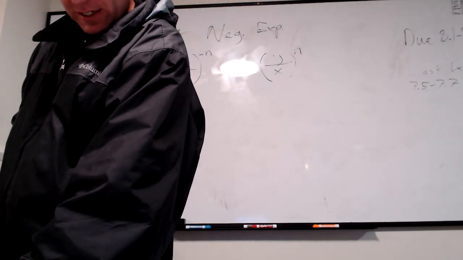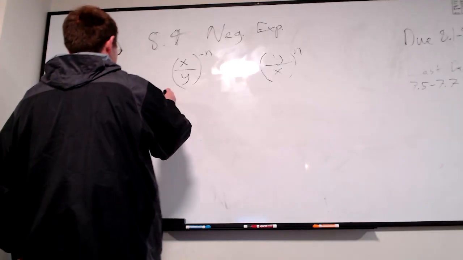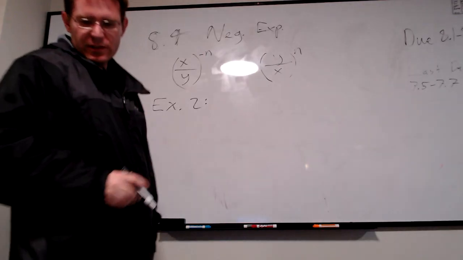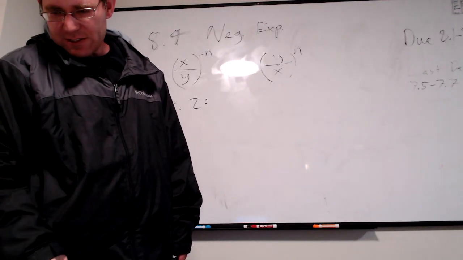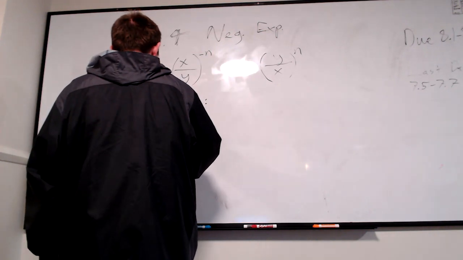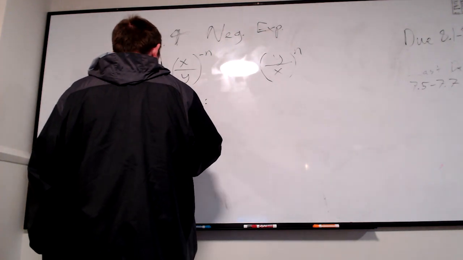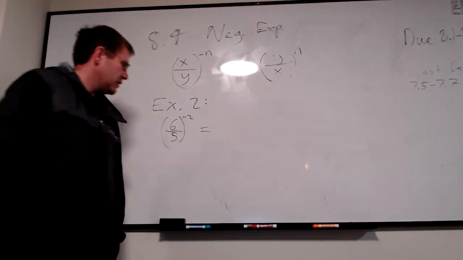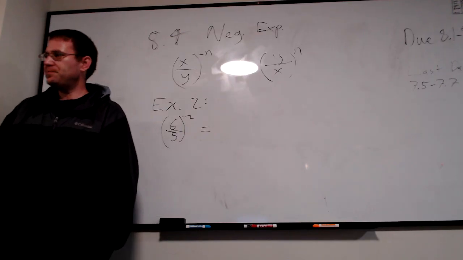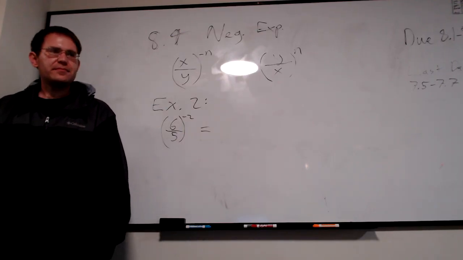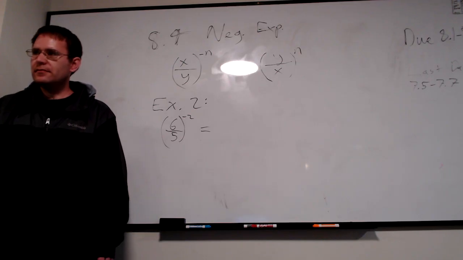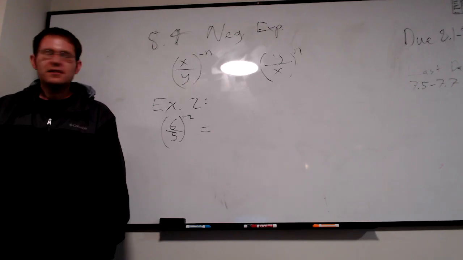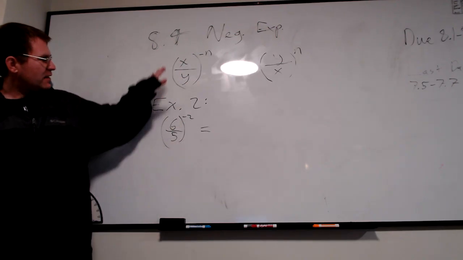So we're going to do an example here. We'll call this example 2. Let's do 6 over 5 to the negative 2. Equals, anyone want to give me a start for that? Look at what we did up here.